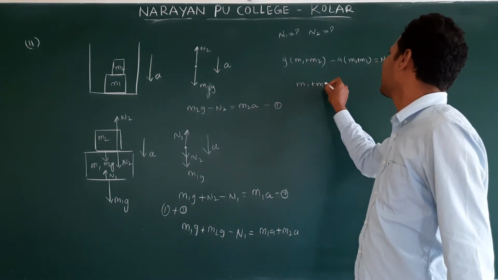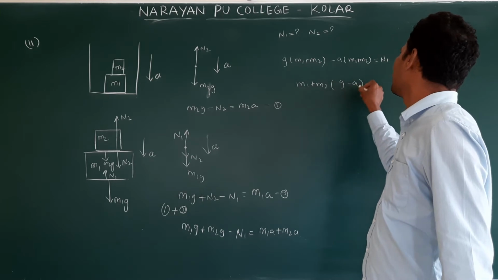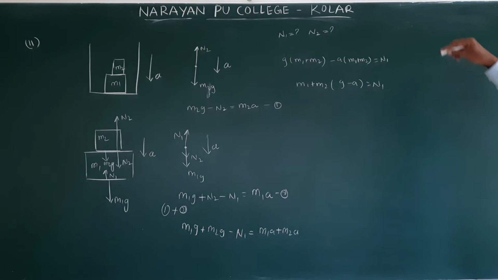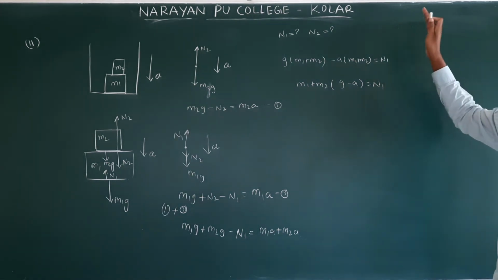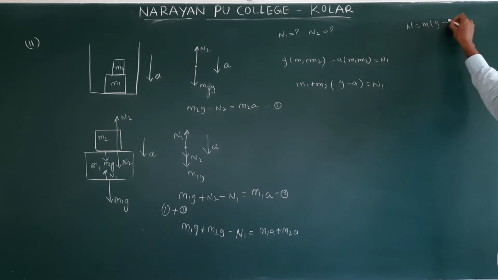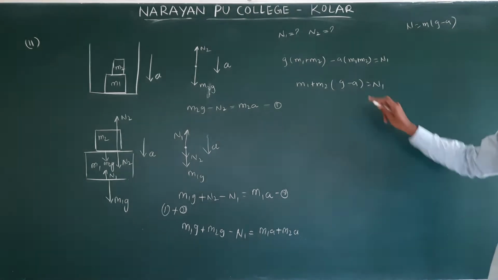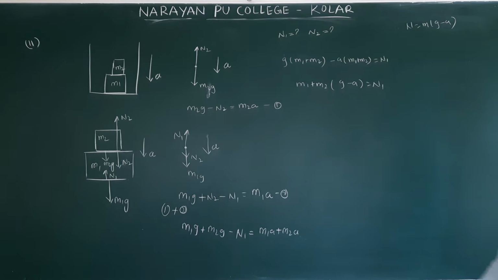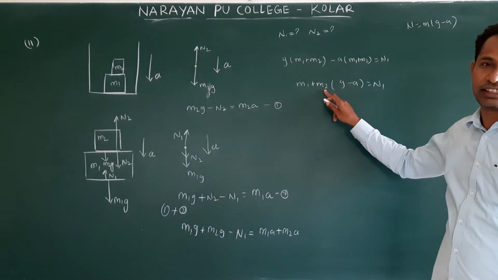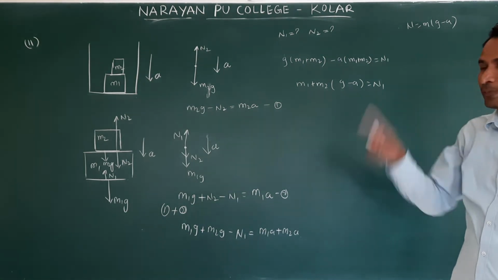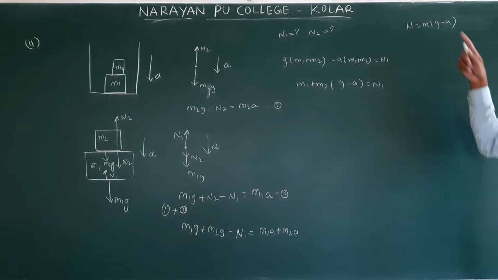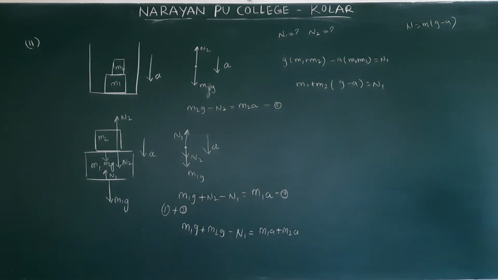M1 plus M2 common, g minus a, is N1. When the lift is going down, what did we prove? What did we see in the equation? N is equal to M into g minus a. Same we got. Understand? But here there are two different masses M1 and M2. The total mass is M1 plus M2. There we took only mass M. So ultimately we got the same equation.